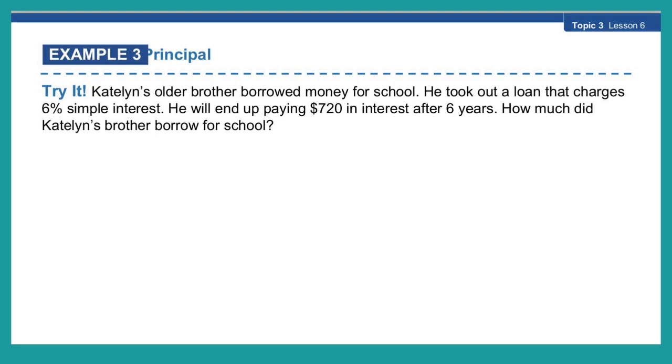All right, so this is the try it on the very bottom of page 181. So we have Caitlin's older brother is borrowing money for school. He took out a loan that charges 6% simple interest. He will end up paying $720 in interest after 6 years. And we want to know how much did Caitlin's brother borrow for school.